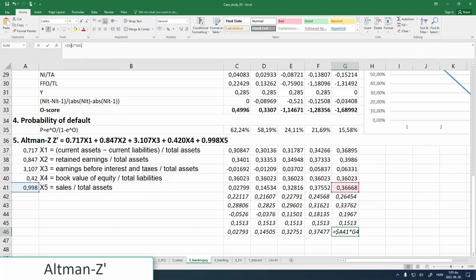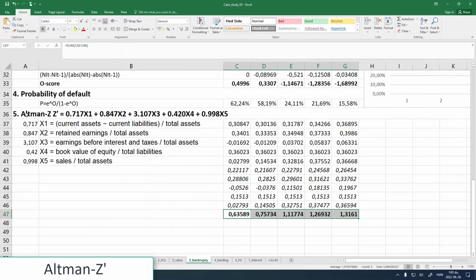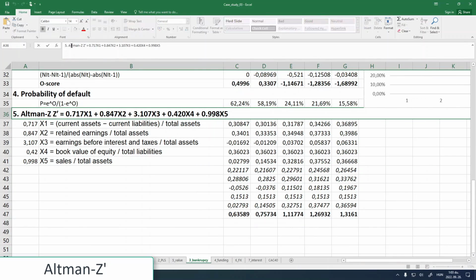Also, this one is multiplied with this one, so it's okay. And then we just have to sum it up. We could do it manually by typing in everything, but this way, if there is a mistake, we can find it sooner or later. And now we have the Altman-Z score.